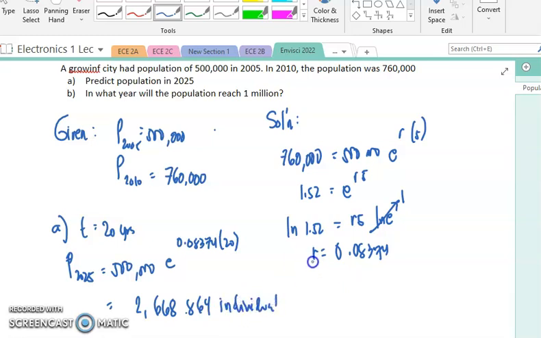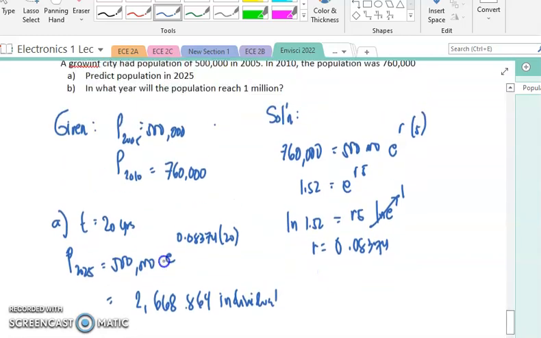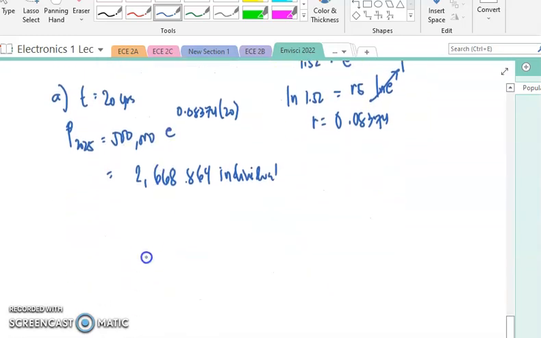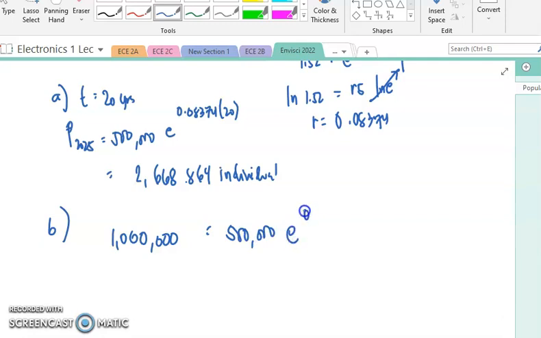Okay. Next, let's proceed with letter B. In what year will the population reach 1 million? So let's have the 1 million equal to the initial population of 500,000 times e raised to 0.08374 multiplied with the time.